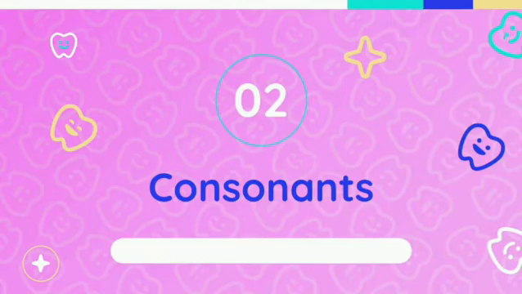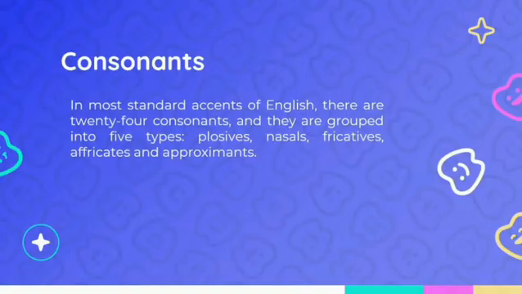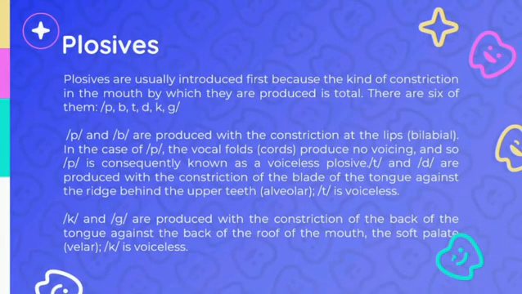The second material is consonants. In most standard accents of English, there are 24 consonants, and they are grouped into 5 types: plosives, nasals, fricatives, affricates, and approximants. Plosives are usually introduced first because the kind of constriction in the mouth by which they are produced is total.